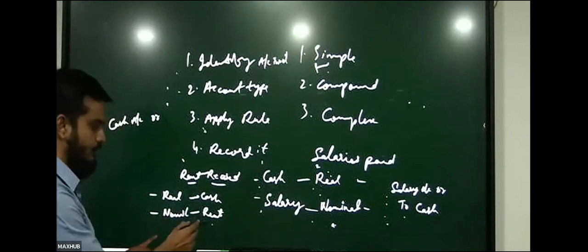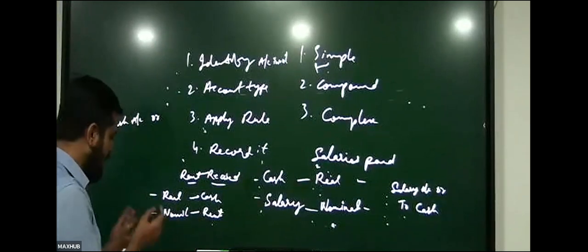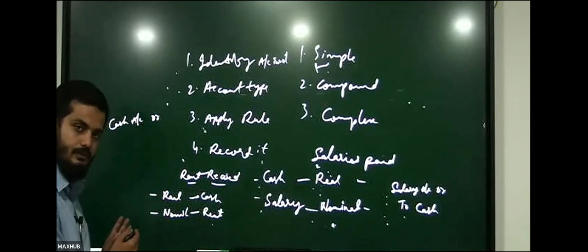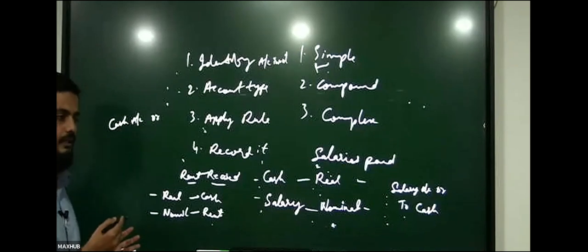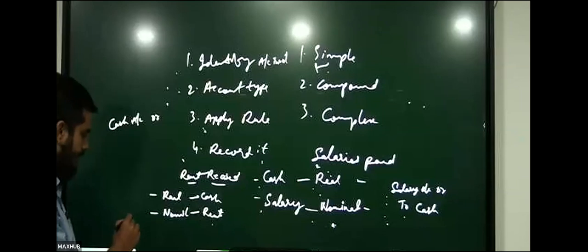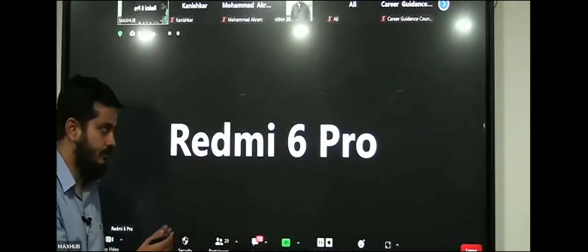Now, you guys said rent is the income. Income is a part of nominal account. What is the principle of nominal account? Debit all expenses and losses, credit all incomes and gains. In this case, is it an income or an expense? Income.